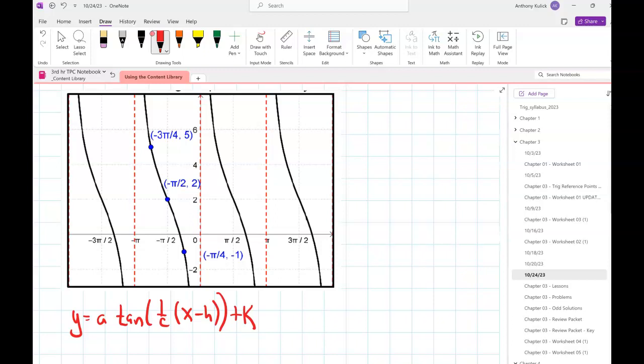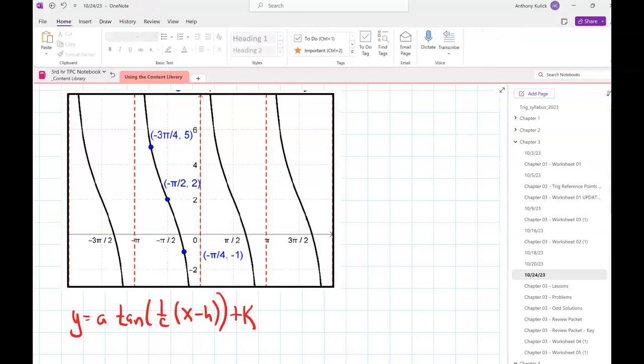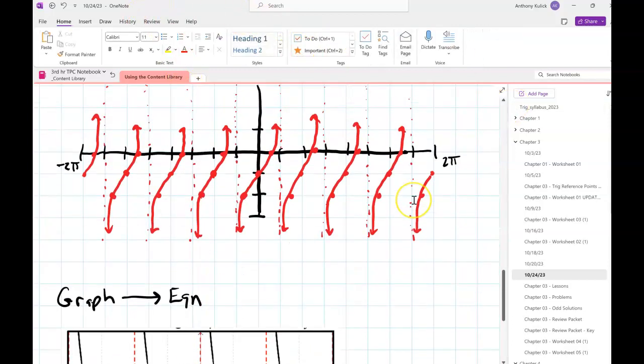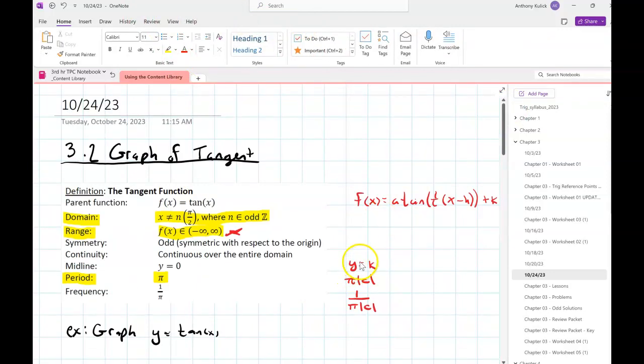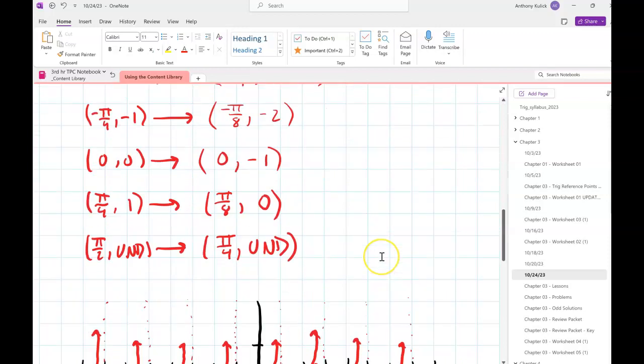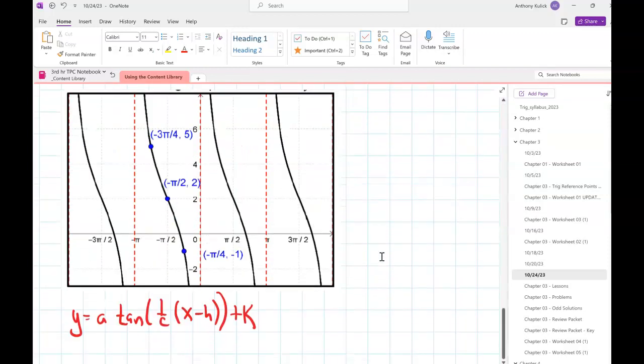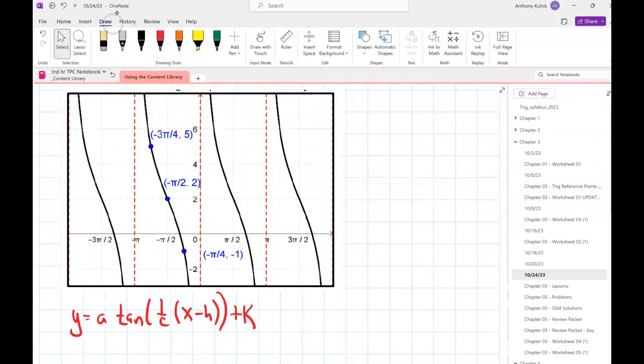If I went back to the beginning, I know that the midline is still K, so let's find that first. If I were to look at what horizontal line is going to divide this graph in half, it appears to be this one right here. Do you guys agree with that?